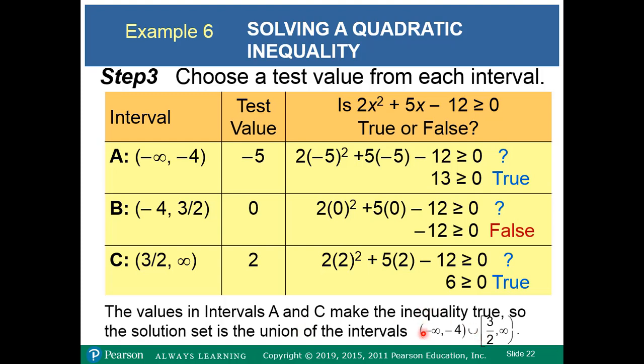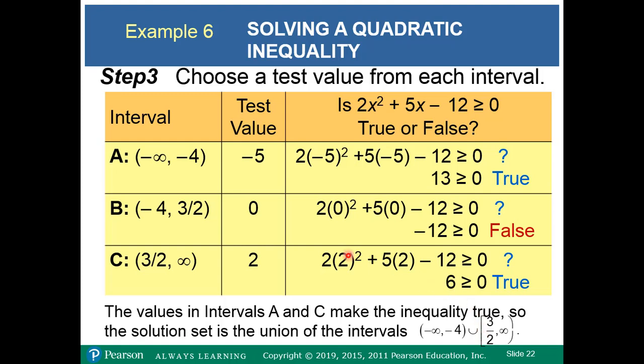So we say the interval from -∞ to -4, union 3/2 to +∞. Okay, and notice, oh, hold on a second.